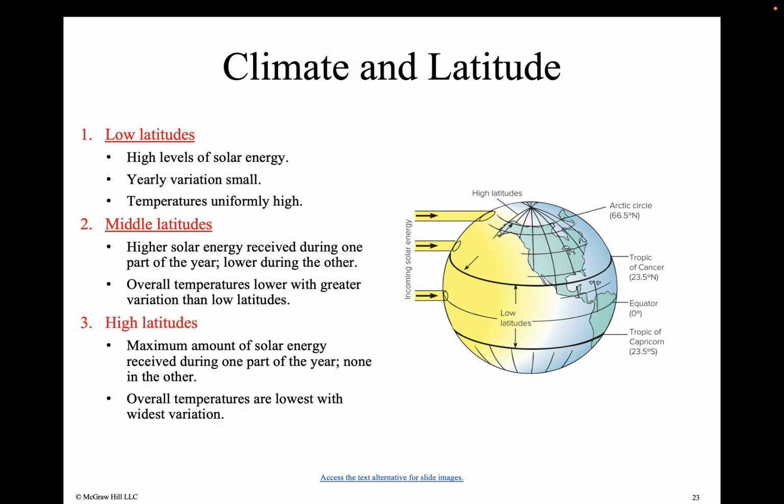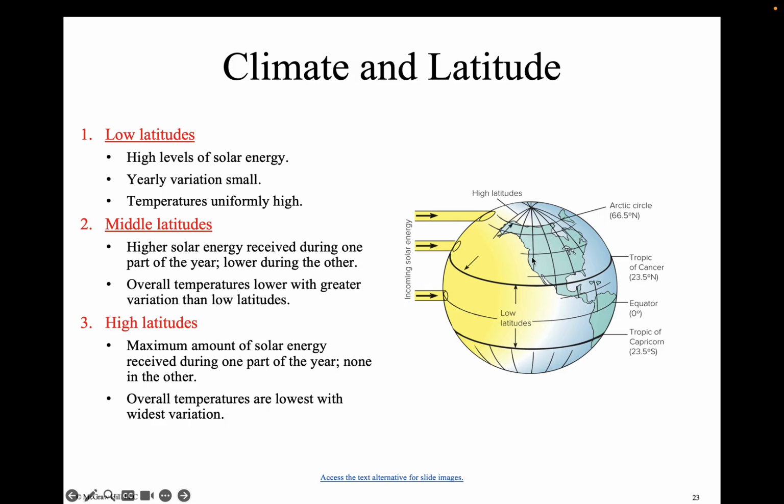Temperatures are usually uniformly high in these areas. I'm just exaggerating here, but we do have in some areas, of course, at least summer and winter. But we generally don't observe the transitional seasons like spring and fall in these lower latitude areas.